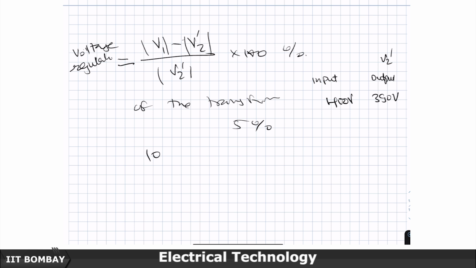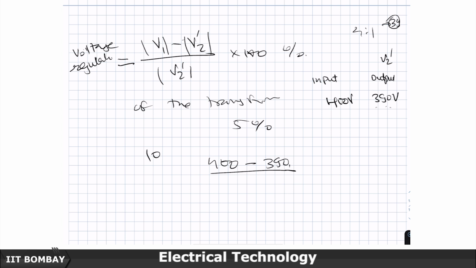So, the actual transformer could be a 4:1 step down transformer, transforming from 400 volts to 100 volts. But in that case the actual voltage seen would be 97.5 volts. I have equivalenced it to the primary, and this becomes 390 volts. So, I get 400 minus 390.